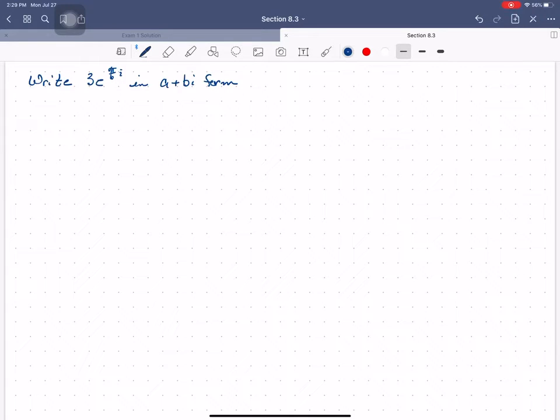Okay, so I've got z equals 3e to the pi over 6 i. This is z equals r e to the i theta form, which means r equals 3, theta equals pi over 6.